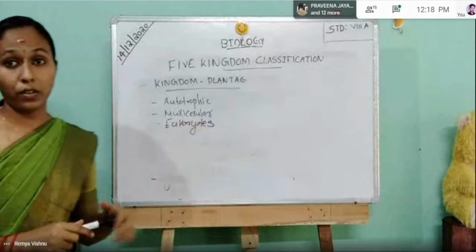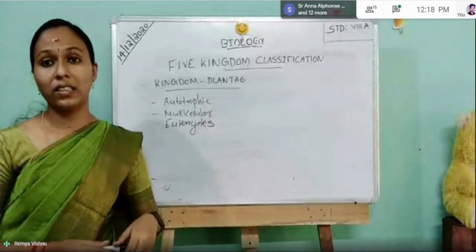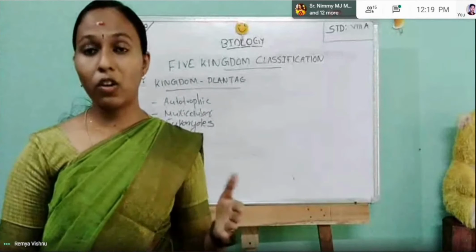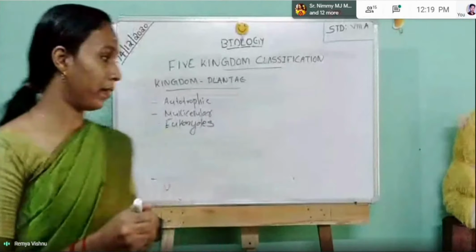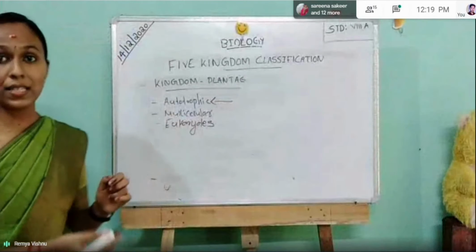Plants are known as autotrophic, hence the presence of a pigment. That pigment helps photosynthesis. Its name is chlorophyll. The presence of chlorophyll makes plants autotrophic.